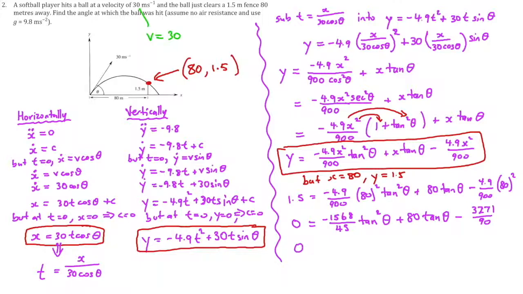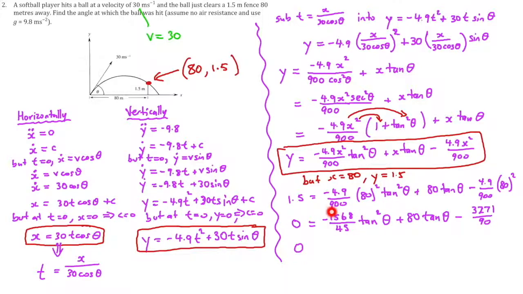So, next thing I'm going to do is multiply each term by 90, because that's the number on the bottom of the fraction. I could go over 45, but 90 is the biggest number that's common to 45 and 90. So 0 times 90 is 0.